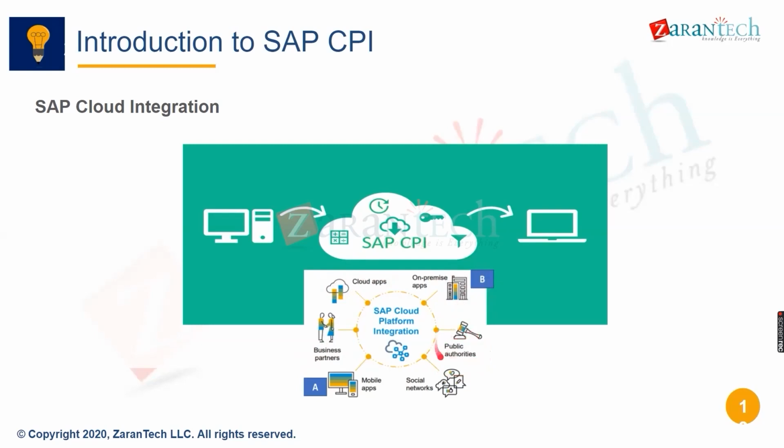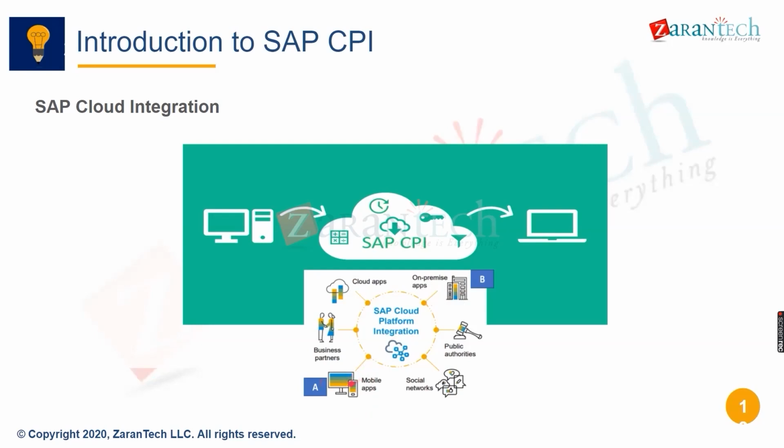Public authorities, like Germany's government, and social networks like Facebook and Twitter. Now to integrate a mobile application with an on-premise application, the CPI comes into the picture and integrates the on-premise application with the CPI, and again the CPI integrates with the mobile application.